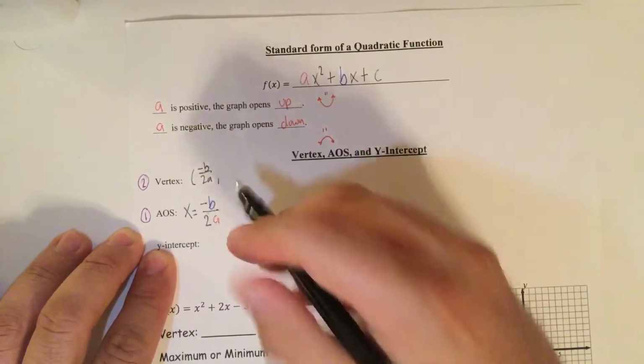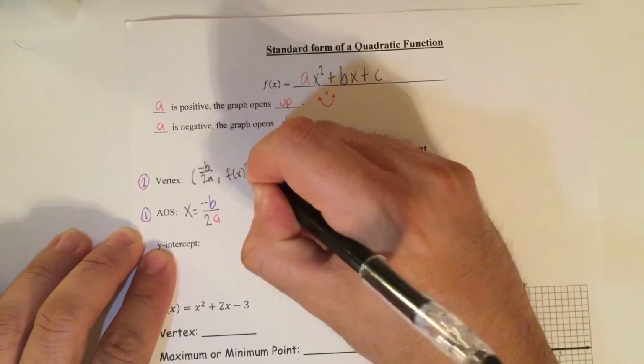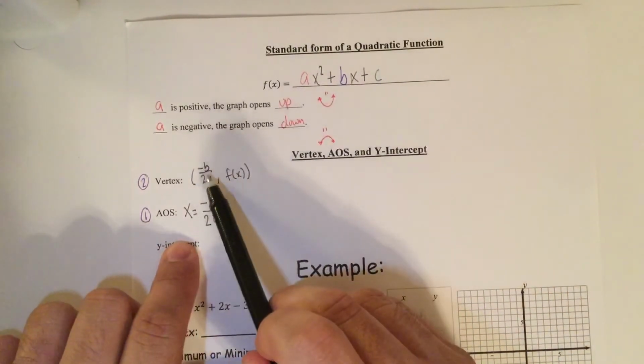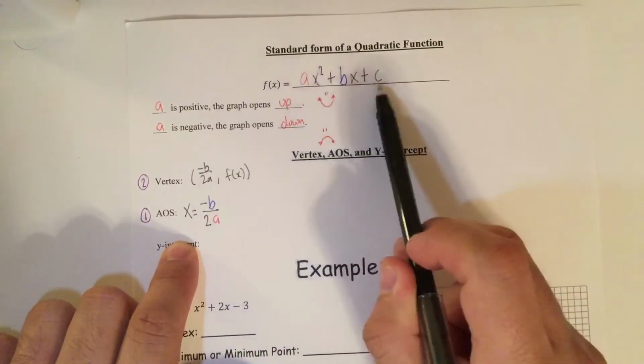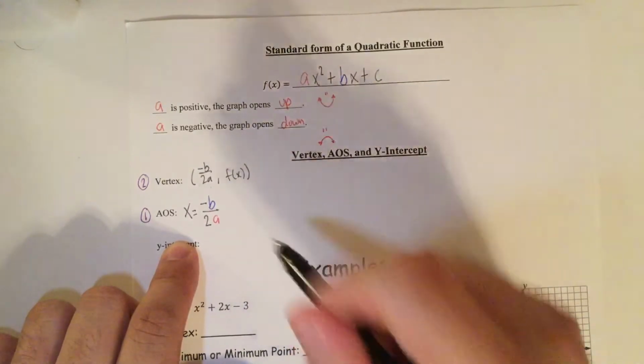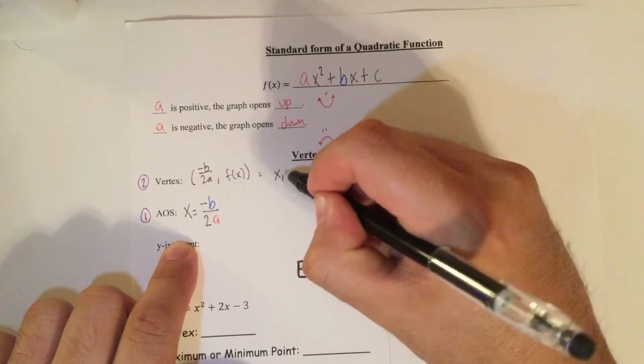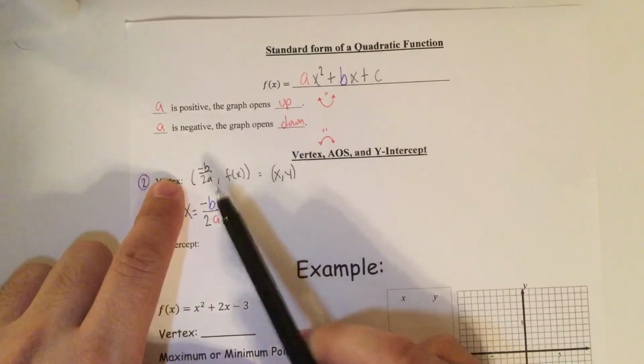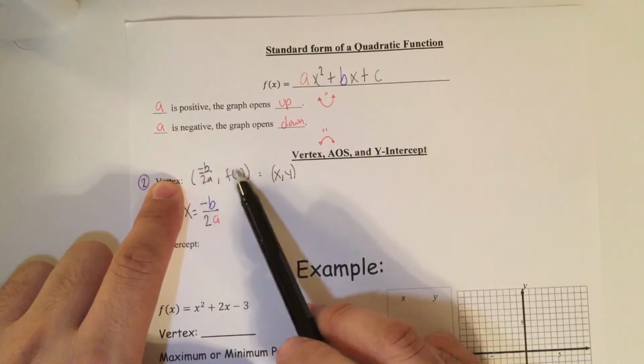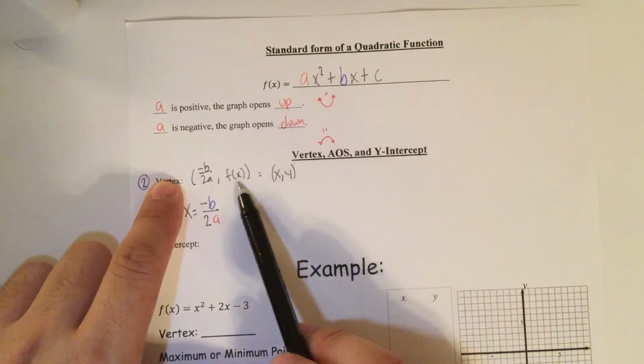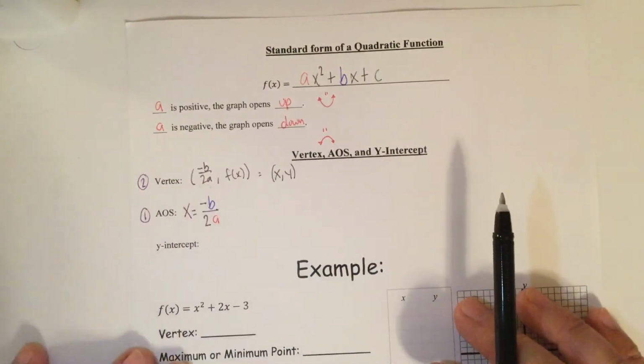These are the same x value. And I'm writing f of x here, which really means y, because I have to take this x value, plug it into the function, work it out, and get my corresponding y, which in essence will give me x comma y.